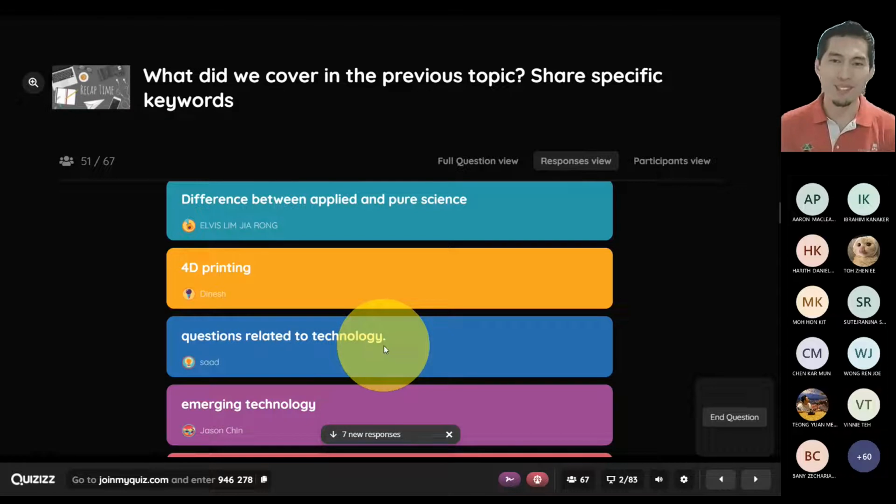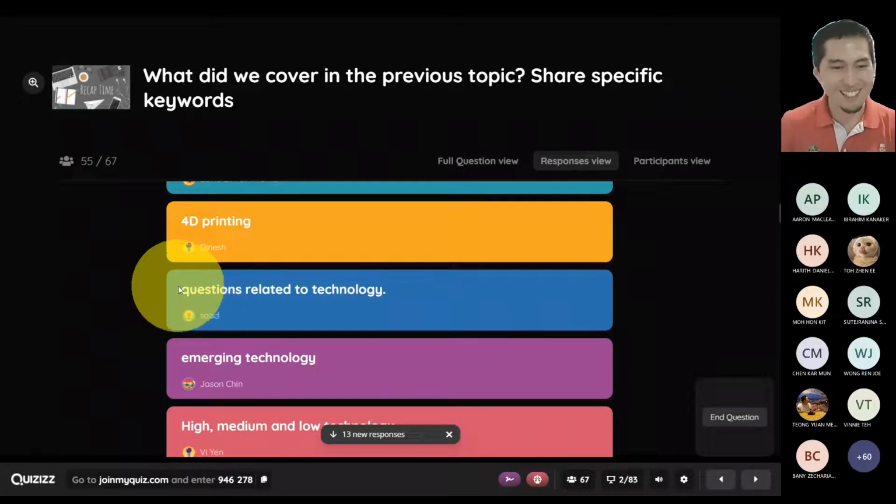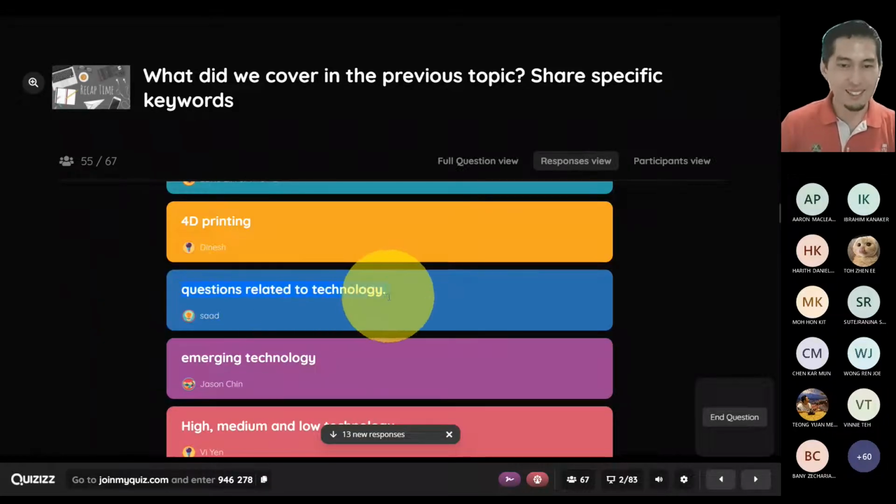I just gave you an area for you to identify whether it's a new or emerging technology. For those of you who have found out what 4D printing is, if you can just share it in the chat, that would be good as well. Yeah. Saad says questions related to technology. Saad is a bit general. I'm not sure what you really got out of this, but yeah.